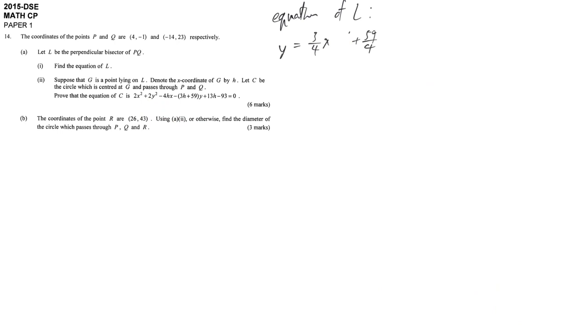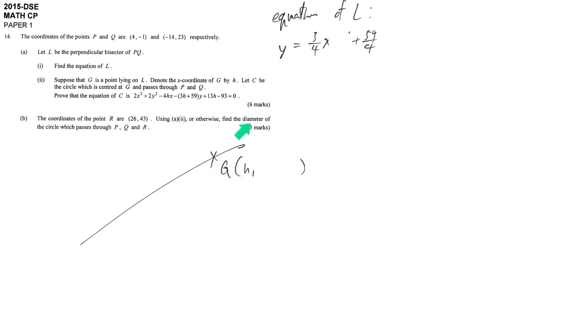After that, now they're asking about G, a point lying on L. So L is like this, and there is a point G, and the x coordinate of G is h. The first thing in your mind is that you already know the relation of all x and y on this line.